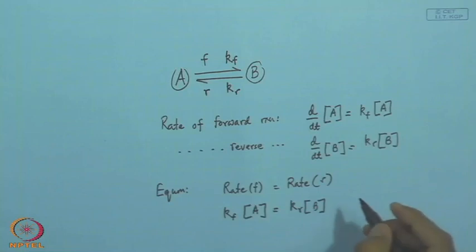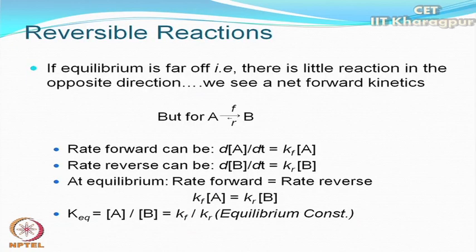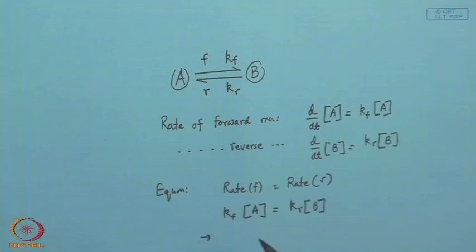Okay. So, equilibrium constant, in this slide there is a little typo. Actually K equilibrium will be concentration of B divided by concentration of A. This one should be here and B should be here, anyway. So, just correct it. Let me do it here.